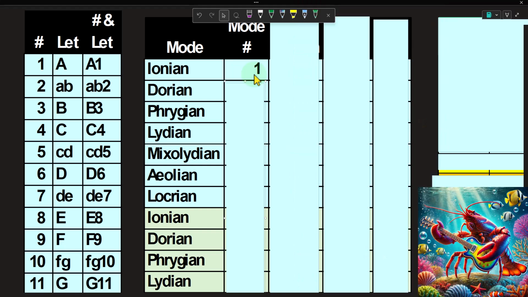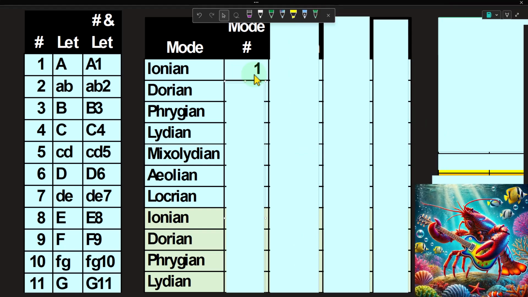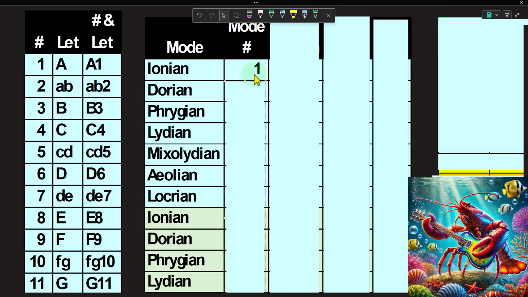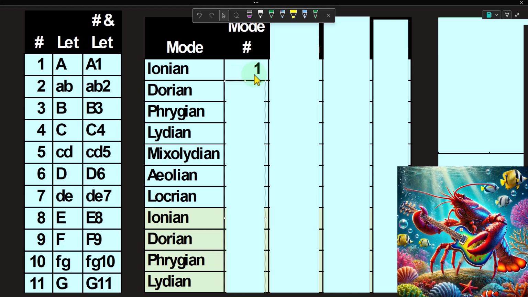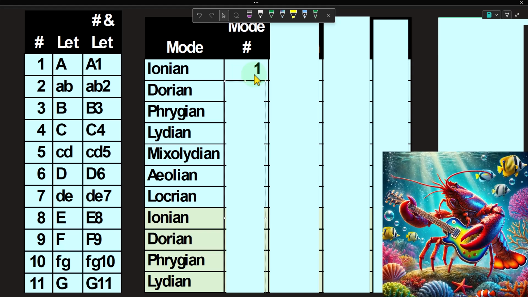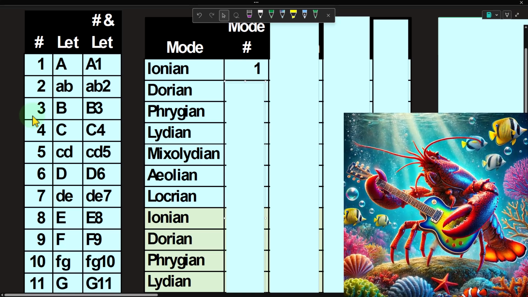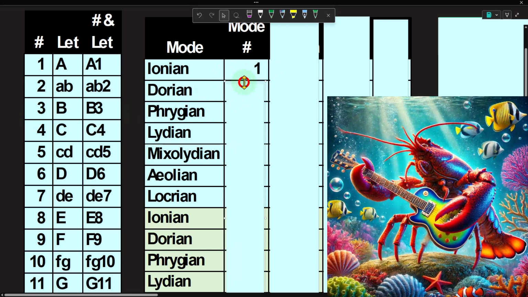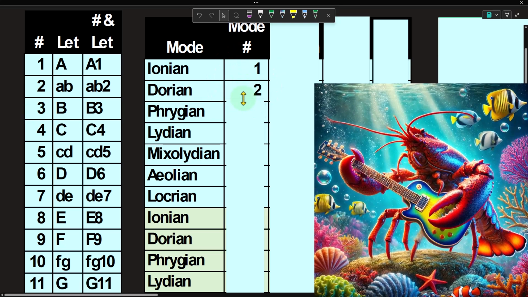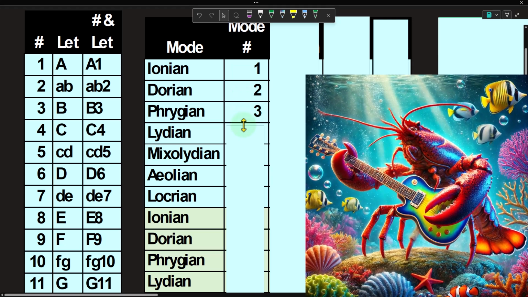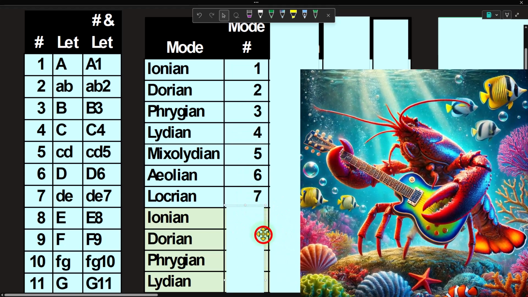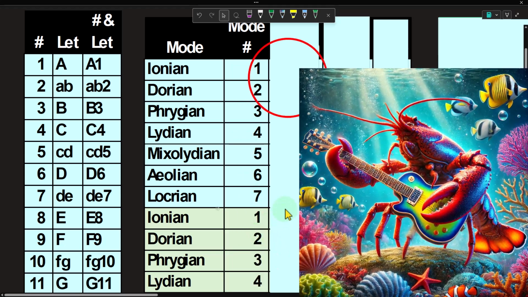It makes no sense on a guitar because there are no black keys. I don't need to know how many sharps and flats. I just need to see what the shape is, right? So I want to see it in a number that's uniform. That's the sophisticated way to do it. That's the proper way. All right. So it's 1, 2, 3, 4, 5, 6, 7. There's only 7 modes.